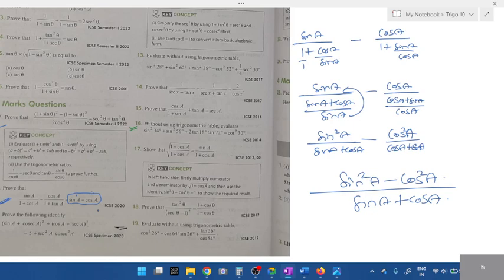That's not the way. Think. What's the other way, Ruth? We need sin A minus cos A. How does the numerator look like? A square minus B square. Expand it. Within two steps you're getting the answer.